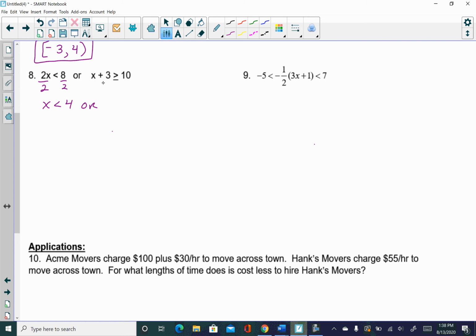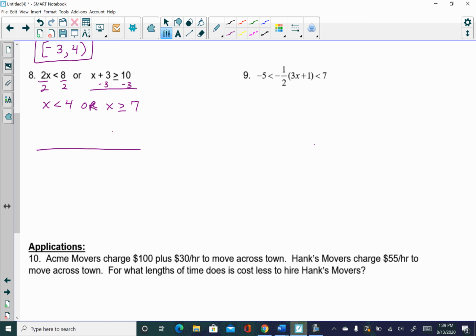Or over here to solve, add, not add, sorry. This is plus 3, so I need to do the opposite, subtract 3. So x is, let's just come on down here. X is greater than or equal to 7.